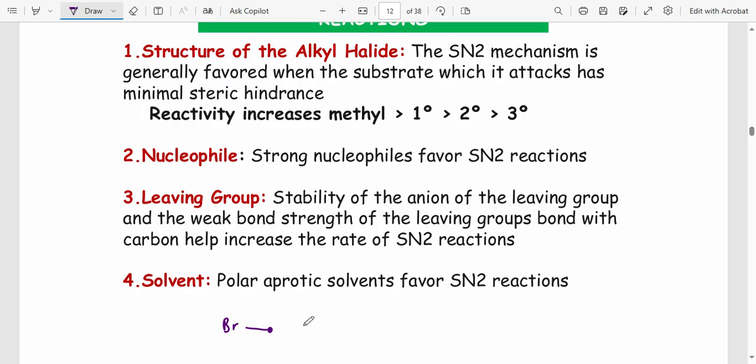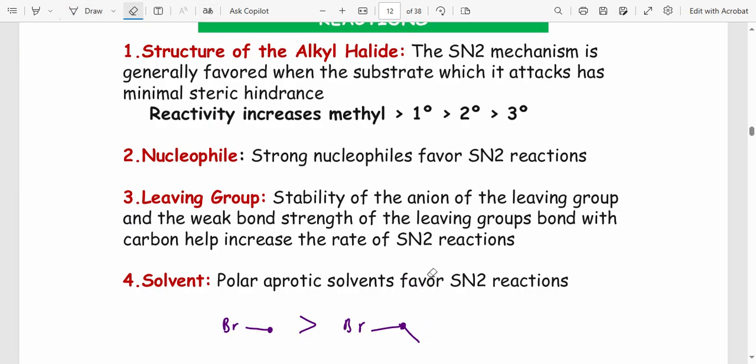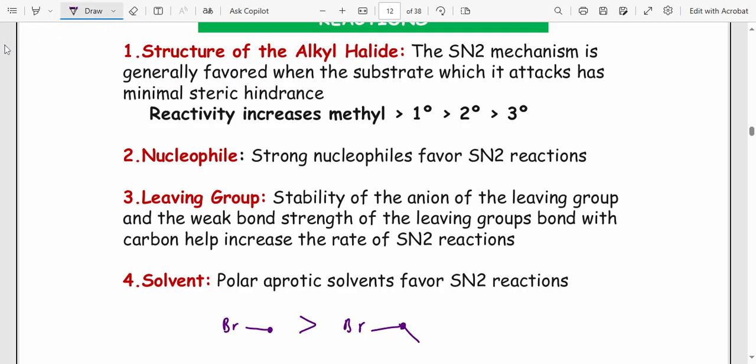This is going to be faster than when we had a bromide attached, let's say like this, to this carbon. This carbon here is a primary carbon. Why? Because it is attached to another carbon. It's a primary carbon. And this reaction is actually going to also be faster than a secondary. Secondary is something like this.